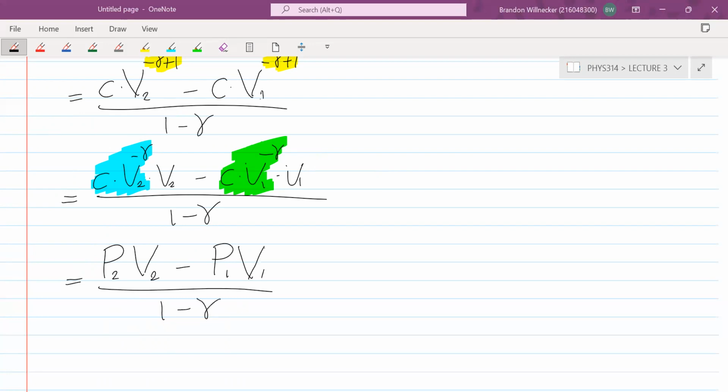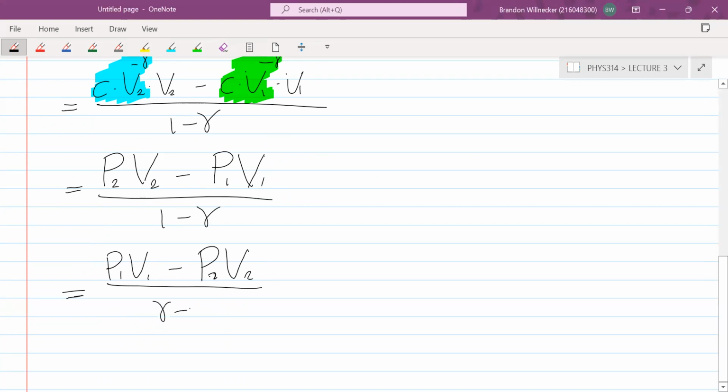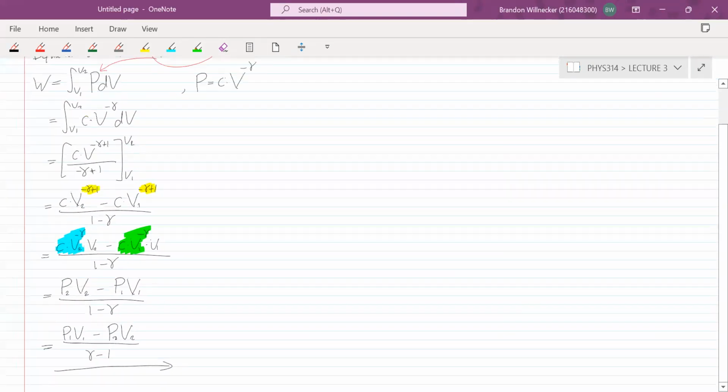Now, in the question, it had P1 V1 minus P2 V2, but that's fine. We can just take out a minus sign to swap those around and put the minus in the denominator. So this gives us P1 V1 minus P2 V2 over, instead of 1 minus gamma, gamma minus 1. And that's the relationship that we needed to show.